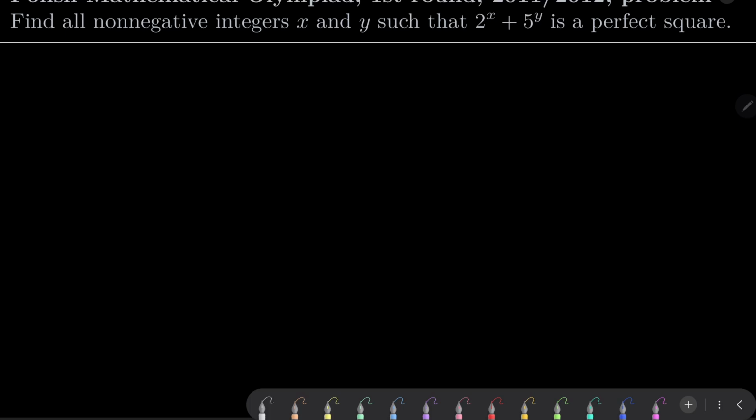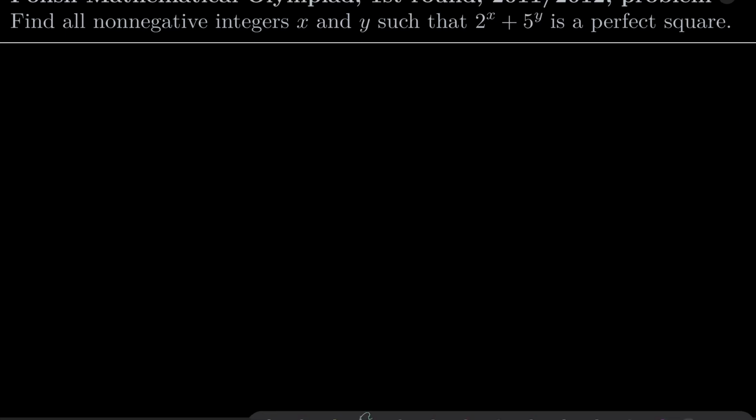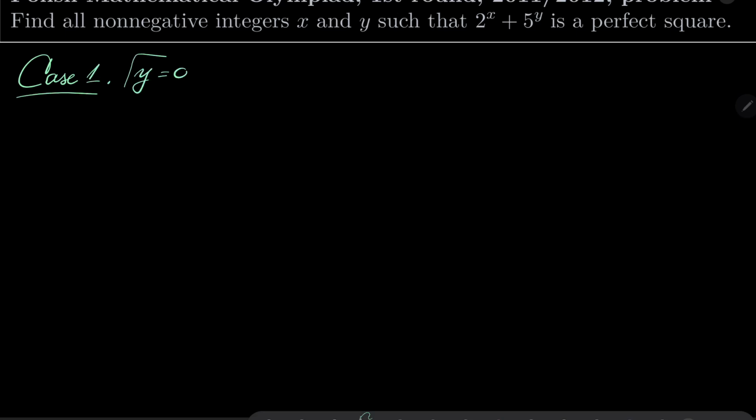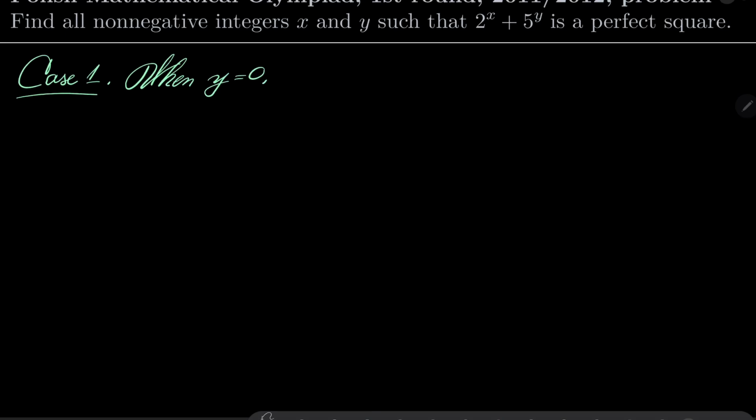Alright, so let's start. So I wish to consider case number 1 when y equals 0. Notice that then our equation can be rewritten in the following way. 2 to the power of x equals k squared minus 1, because 5 to the power of y is 1.